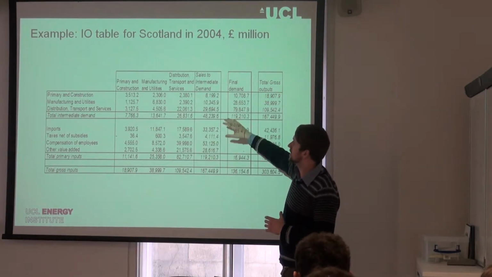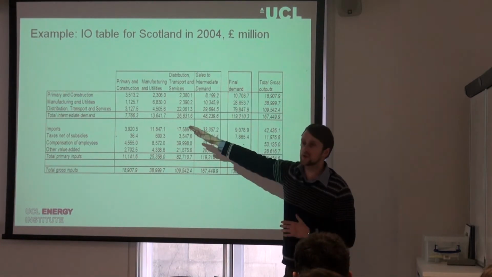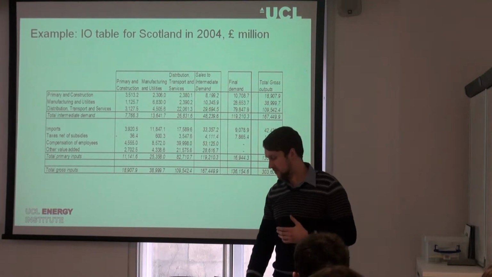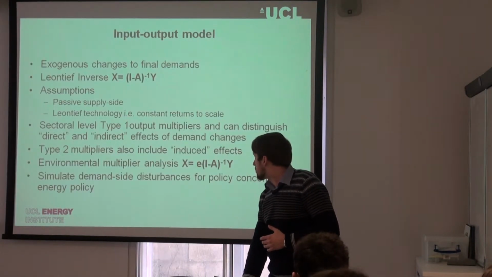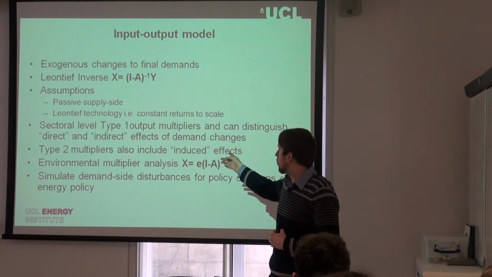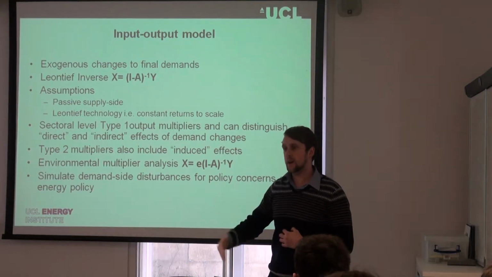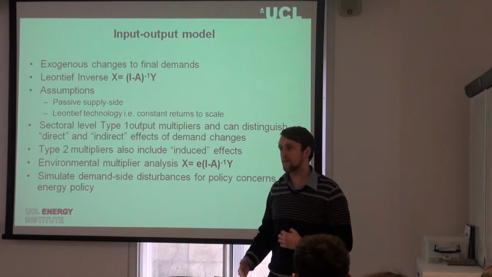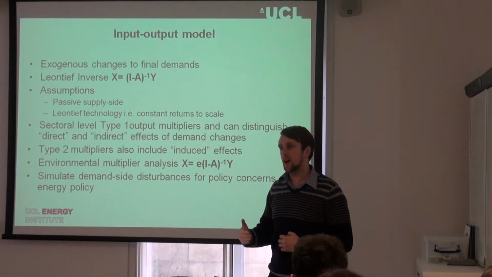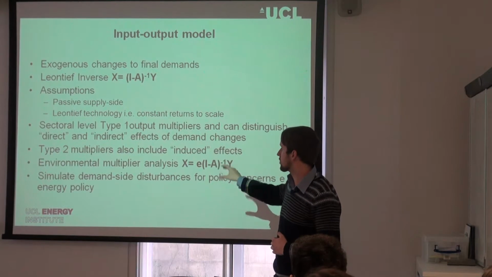But you can take parts of that and endogenize them into the model to see the differences. So we also have the induced effect: if households were to spend all of the extra money they receive through the increase in output, you can capture that as well.